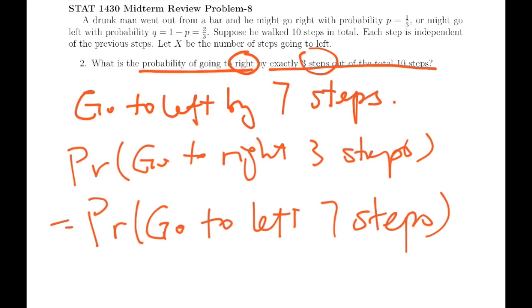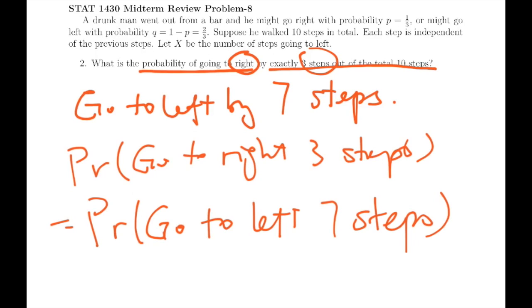Then times the probability of success, which is 2/3 to the power of 7, and times 1 minus the probability of success, which is 1 minus 2/3, to the power of 3.